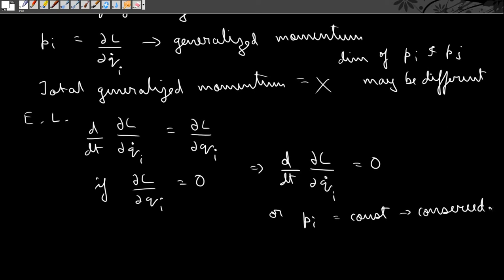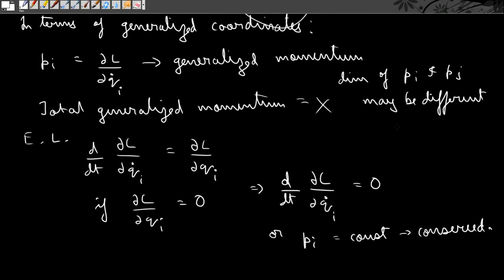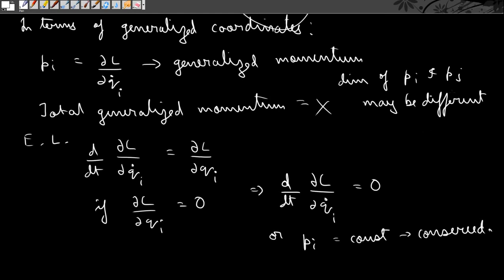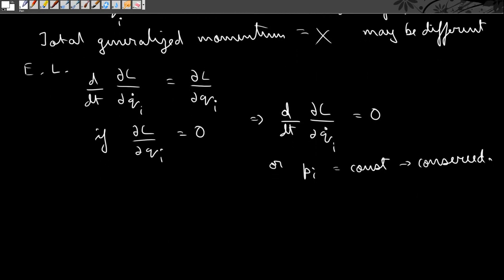So even though we could not say that the total momentum is conserved, because we cannot define total momentum as simply the sum of Pi's, since they may have different dimensions, we can look at the individual generalized momenta and see whether each is conserved based on whether dou L by dou Qi is 0 or not. If dou L by dou Qi is not equal to 0, then the corresponding generalized momentum Pi is not conserved. But if it is equal to 0, then Pi will be conserved.